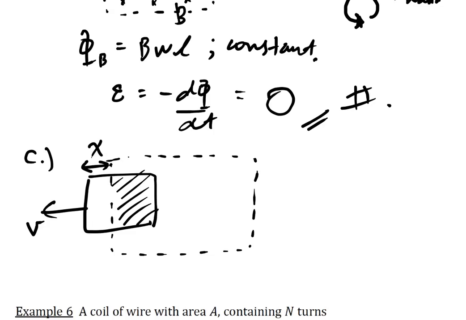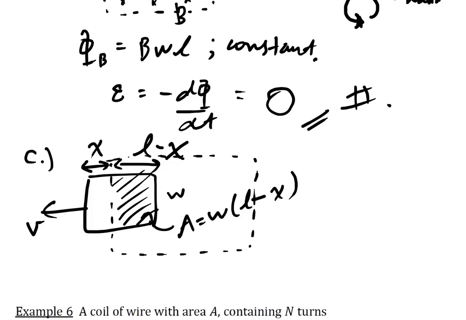So we consider this area A where the magnetic field is passing through. And for this length, it is defined as L minus x. Okay. So when x is increasing, or when the loop is traveling, the area keeps decreasing. So the area now is going to be W, or the width of the rectangle, times by L minus x.